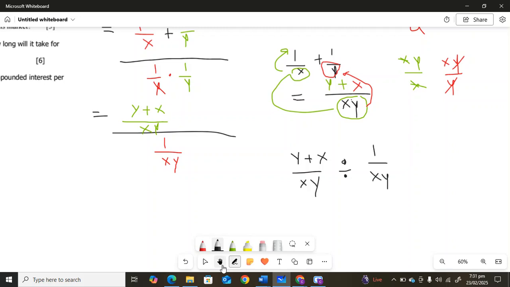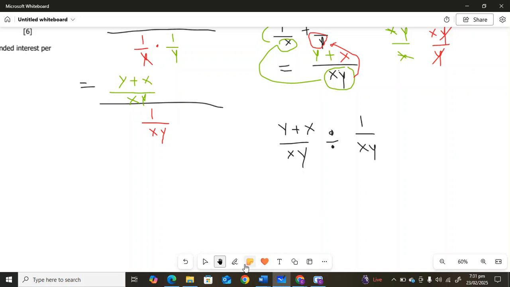Remember, whenever you're dividing fractions, the division sign changes. So y plus x over xy multiplied.